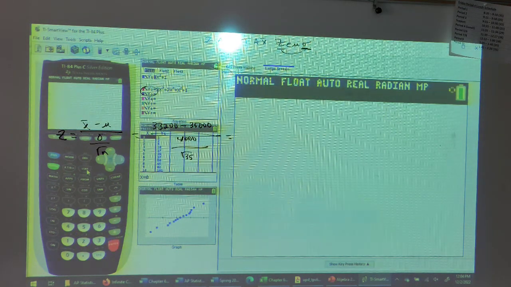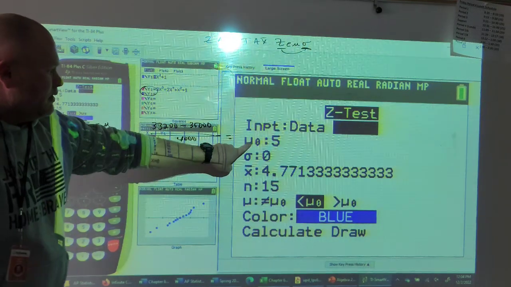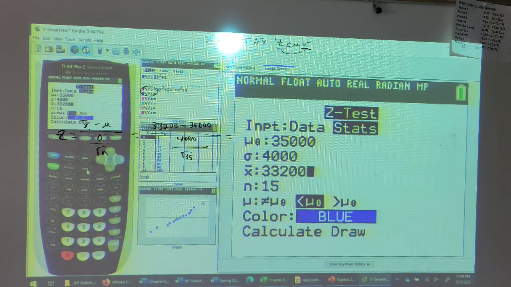Probably go to stats since we didn't have to put any data in. So we're saying the true mean is 35,000. We know sigma, 4,000. We know x bar, 33,200. Sample size was 35. HA was that mu was less than, so we leave that on less than, and then we're going to calculate.